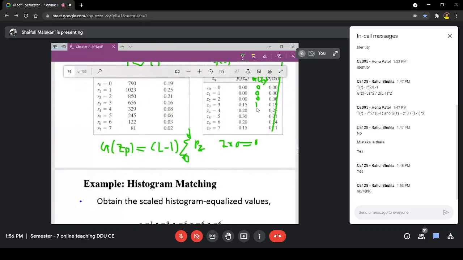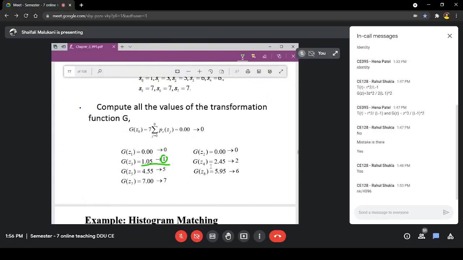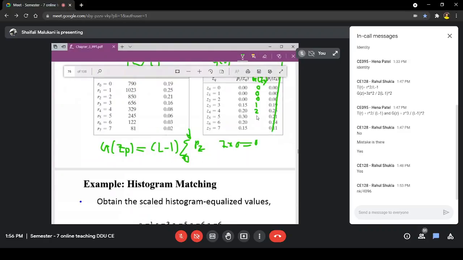In that way it will be the summation of these two at least, into L minus 1, and the next value will be 2.45 rounded off to 2, then 5, 6, 7. So this is how histogram equalization took place.